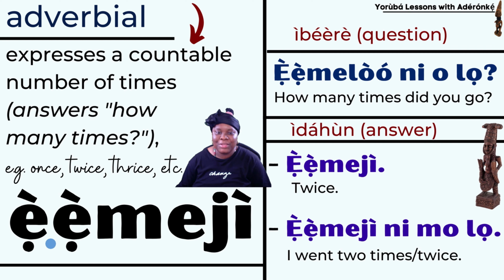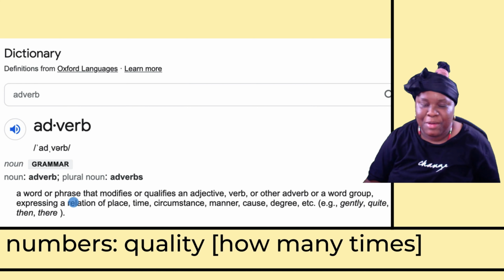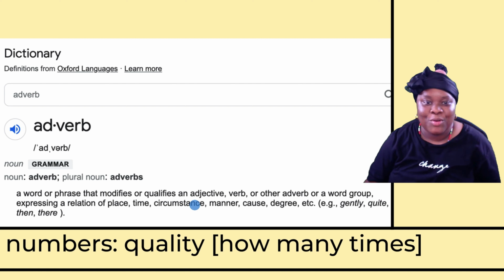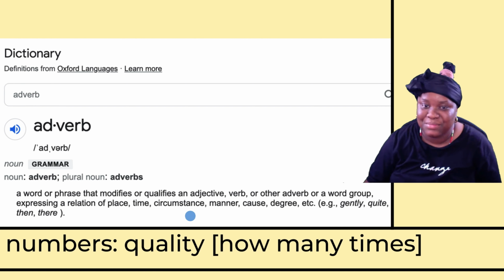Ẹ̀ẹ̀ would be the times. Méjì would be the 2. If you remember, an adverb is a word or phrase that modifies or qualifies an adjective, verb, or other adverb, or a word group expressing a relation of place, time, circumstance, manner, cause, degree.